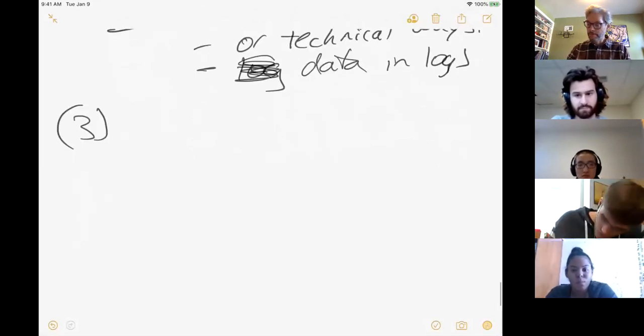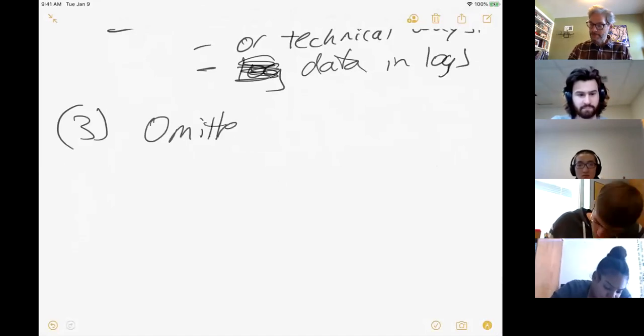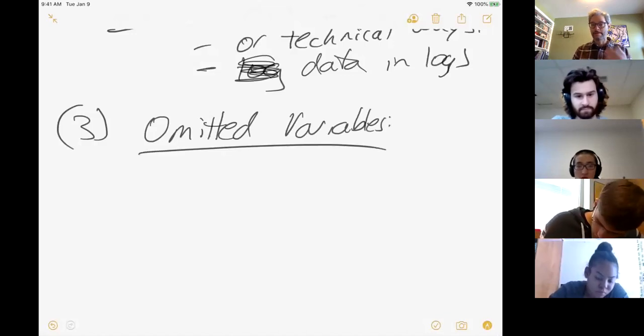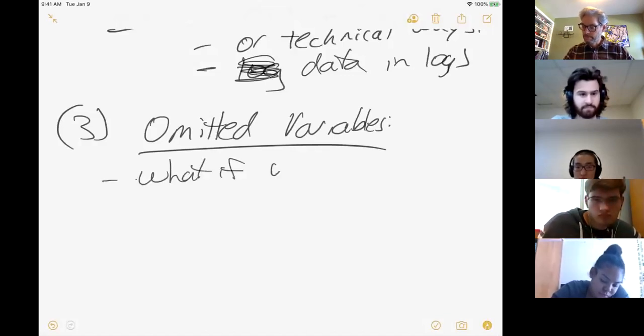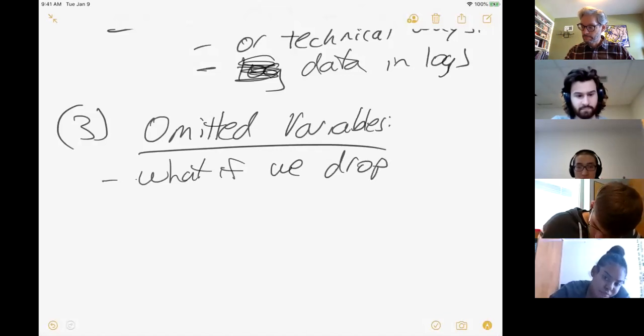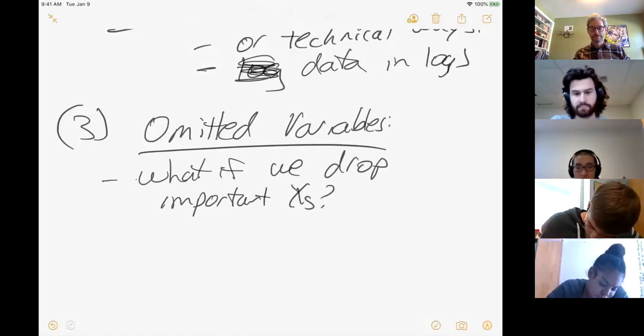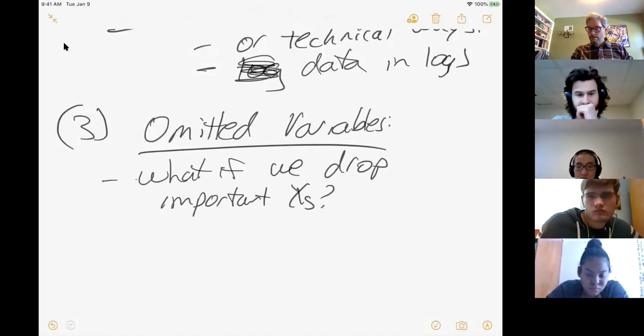Okay, the third problem that we have to worry about, I mean, there's a lot of problems, but the third and the last one that I'm going to talk about here this morning is just having omitted variables. What happens if we are missing important explanatory variables? What if we miss important explanatory variables?